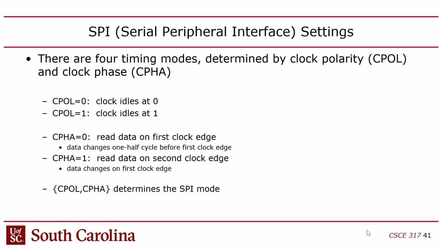Okay, so now one of the things that's a little confusing about SPI, and I don't know why it's like this, actually, I suspect that when the SPI spec was originally developed, by the way, it's supposed to be a standard, right?